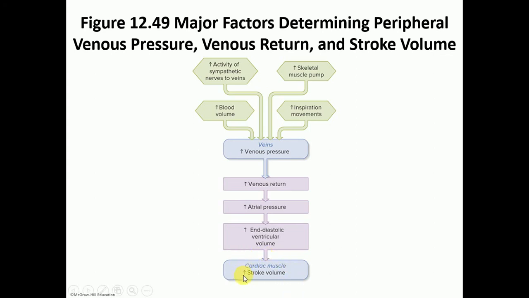So you basically increased your stroke volume. As you increase your venous return, you're increasing your stroke volume and your cardiac output. It makes sense. The more blood that goes back to the heart, the more blood that will be pumped out of the heart. So an increase in venous return increases your stroke volume and hence your cardiac output.